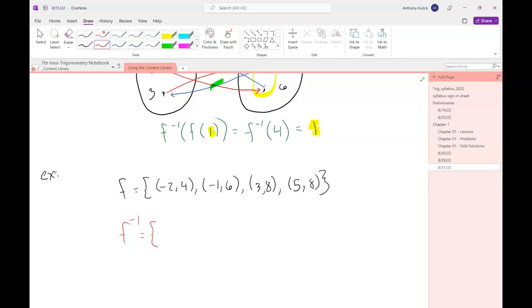So in f, -2 is sent to 4, -1 is sent to 6, 3 is sent to 8, and 5 is sent to 8.